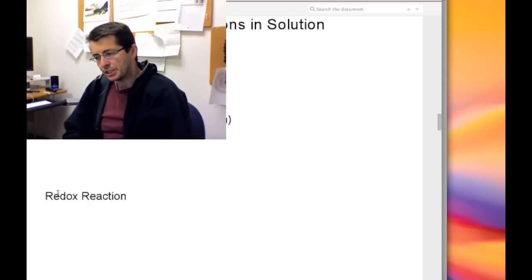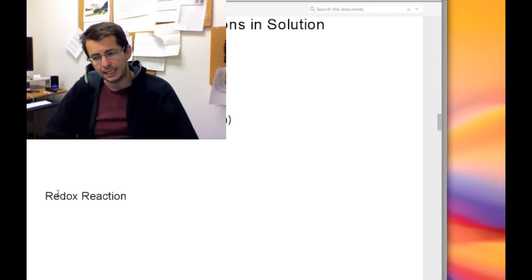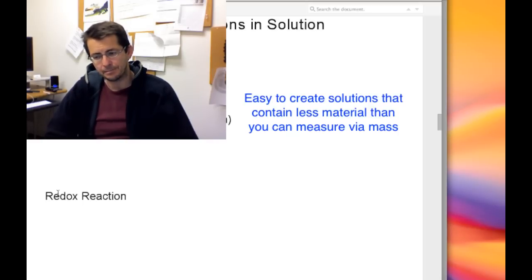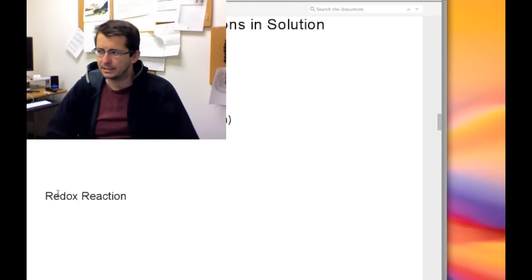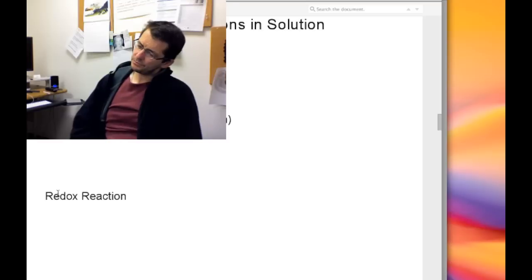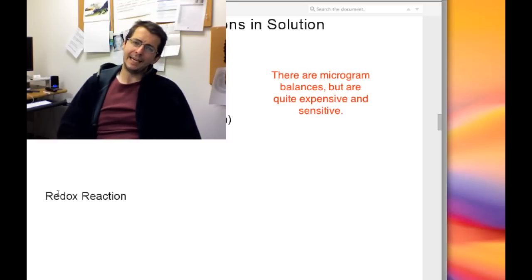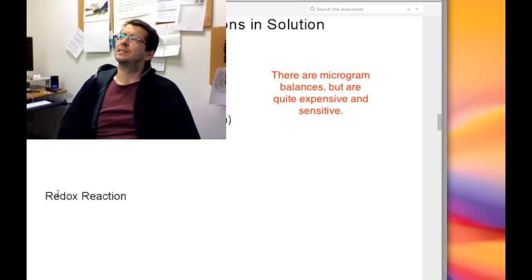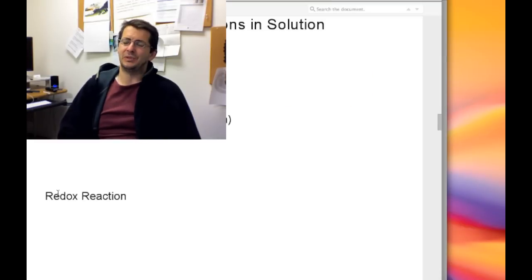And another benefit of solutions is precision. You can get a much higher degree of measurement. For instance, most analytical balances in the lab are only good out to about a milligram, maybe a tenth of a milligram. And so you can't really weigh anything smaller than a milligram. So how do you weigh a microgram or deliver a microgram of material?